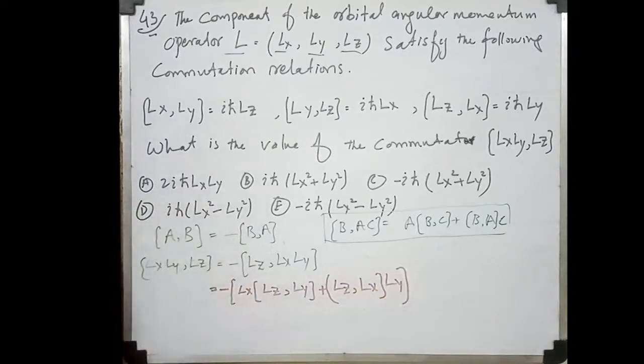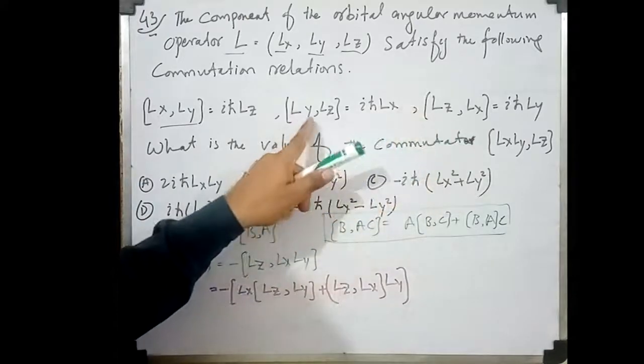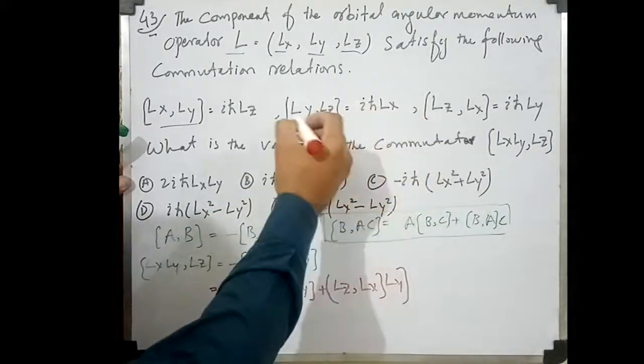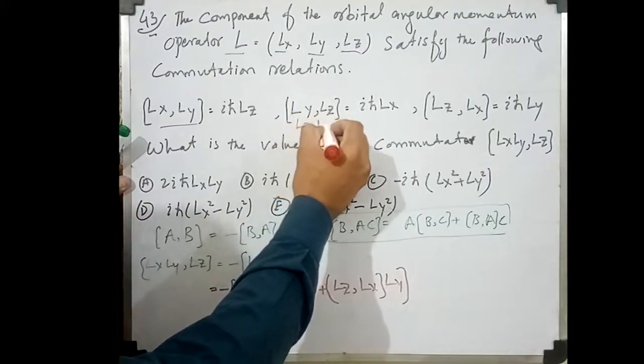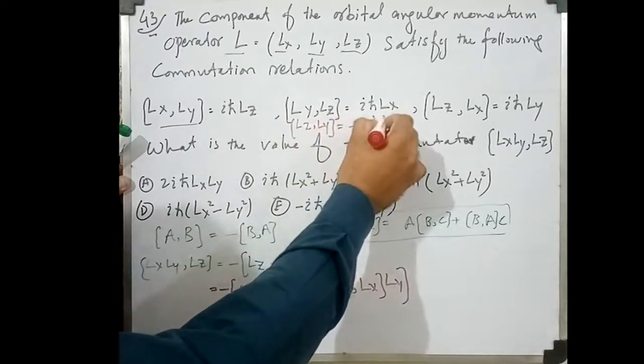so into minus. Now using these relations, we know that the commutation of Lz and Ly is equal to iota h cut Lx, but if we replace that, then Lz Ly is equal to minus iota h cut Lx.